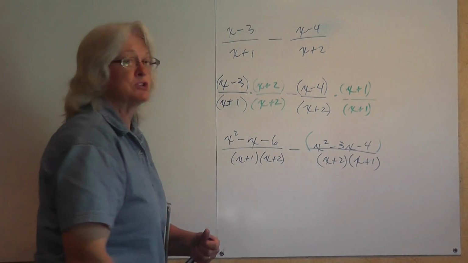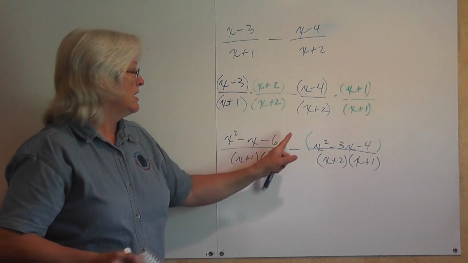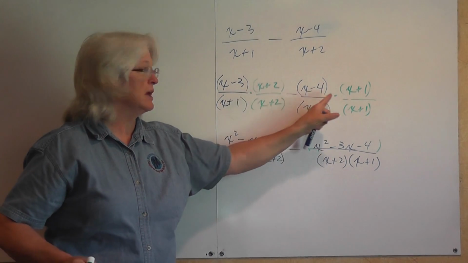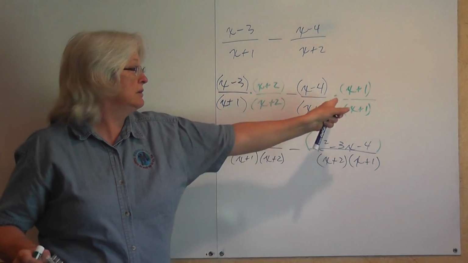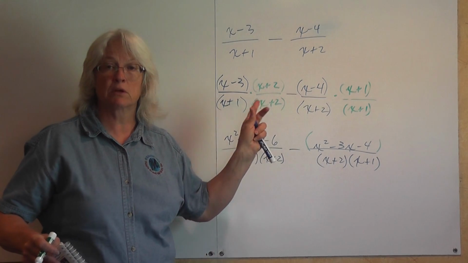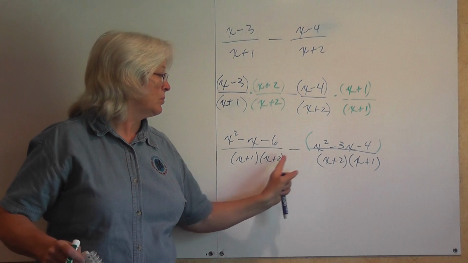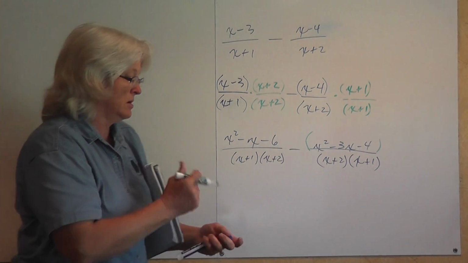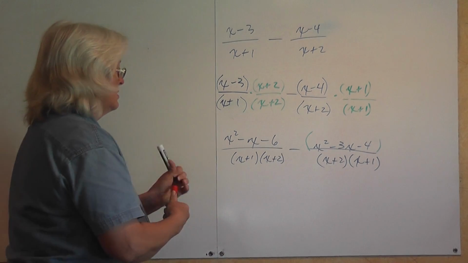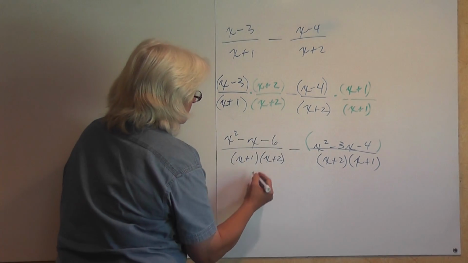So the first step that you want to show is where you've actually done your multiplication or whatever work you need to do in the numerators of those rational expressions that you're subtracting. Now we're going to rewrite this.